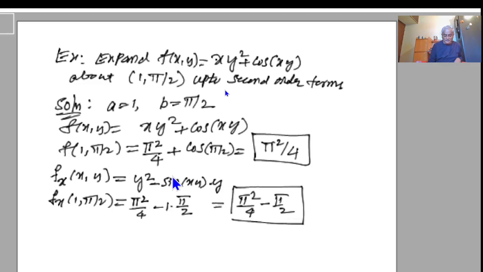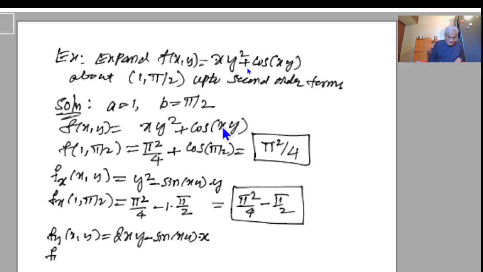This is our fx. And fy of x comma y is equal to differentiating f with respect to y partially. X is a constant quantity, y square derivative is 2y, that is 2xy, and then cos derivative is minus sin of xy into xy derivative with respect to y. X is a constant quantity, y derivative is 1.